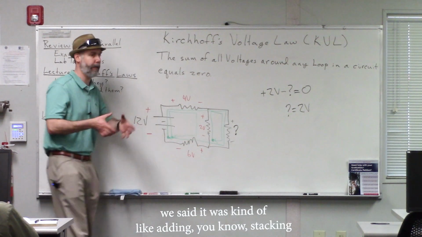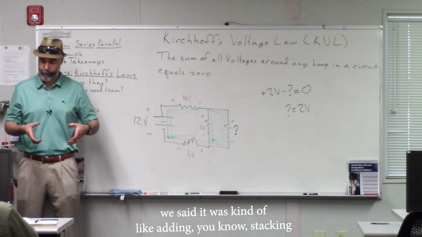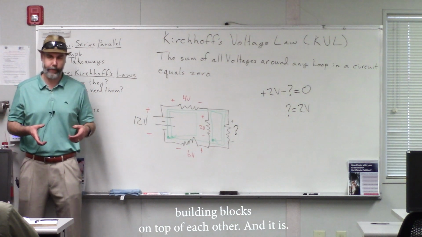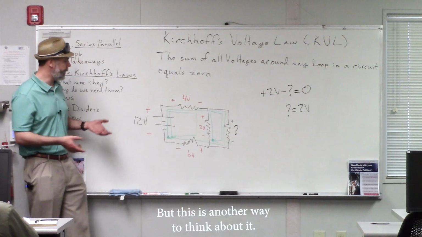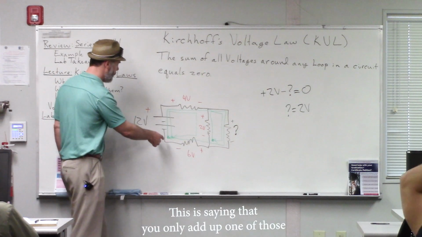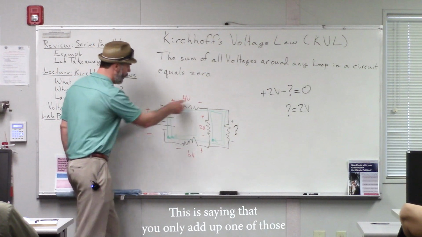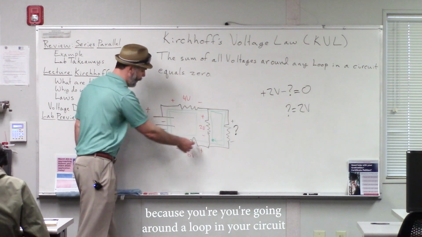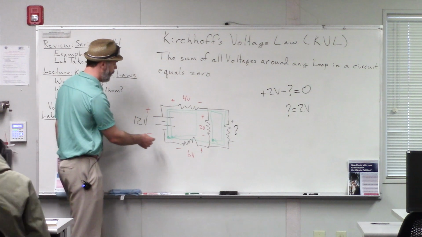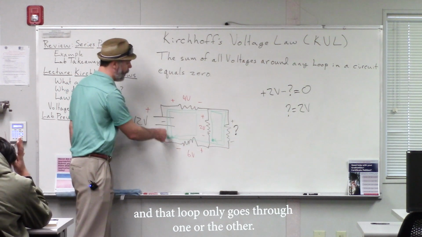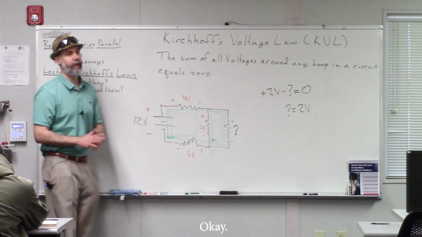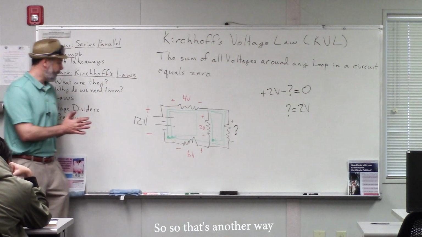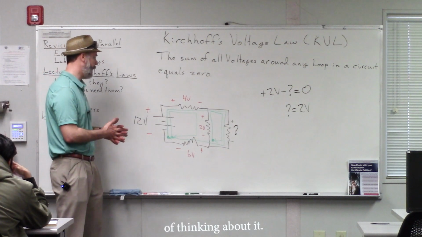We said it was kind of like stacking building blocks on top of each other, and it is. But this is another way to think about it. This is saying that you only add up one of those because you're going around a loop in your circuit. And that loop only goes through one or the other. Okay?